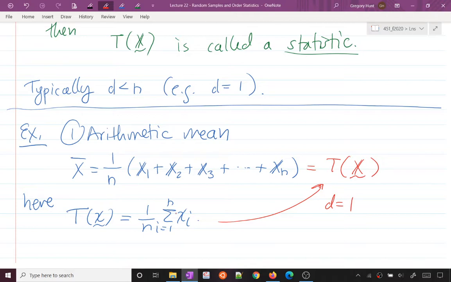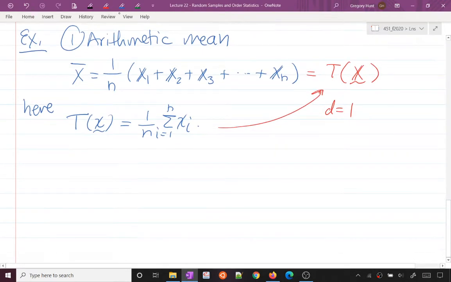This statistic, this arithmetic mean, is a function of those random variables. And we've talked a lot about transformations of random variables. This is why we focus so much on transformations of random variables, because statistics are just transformations or functions of a certain kind of random variable, a random sample.